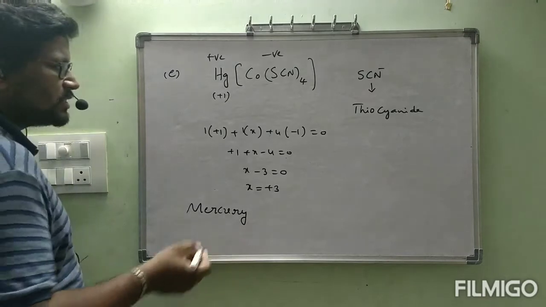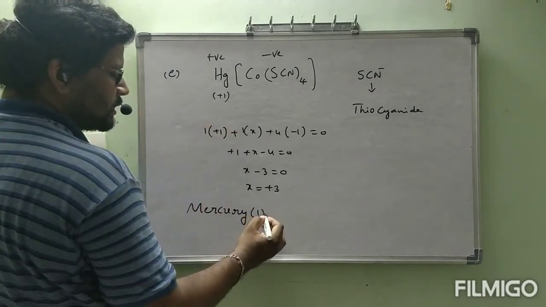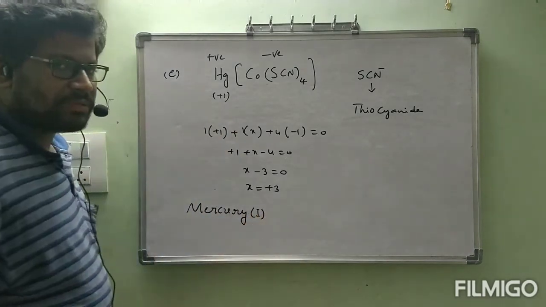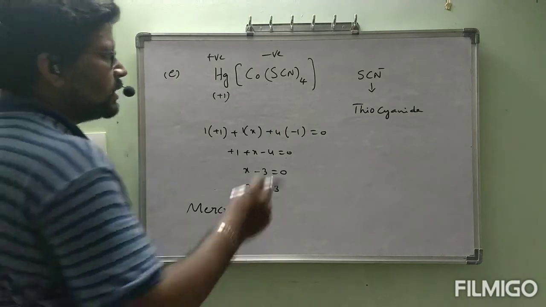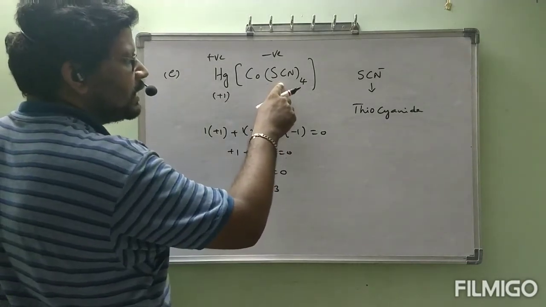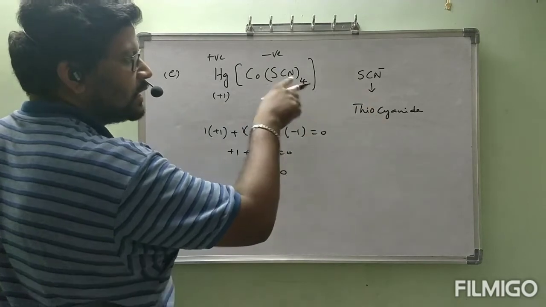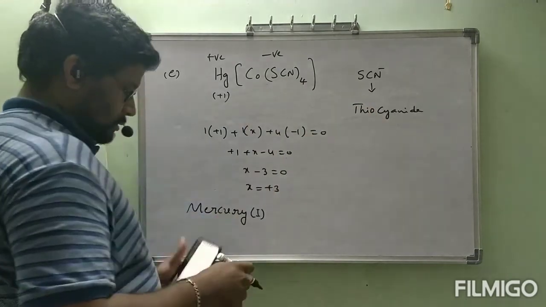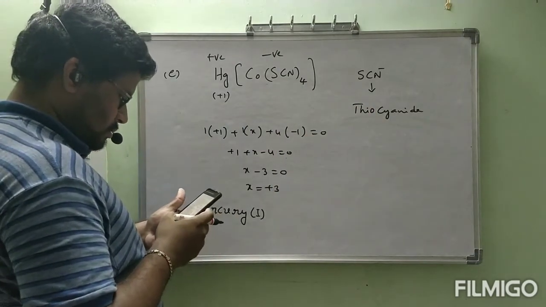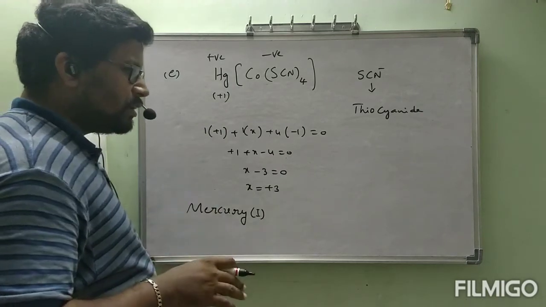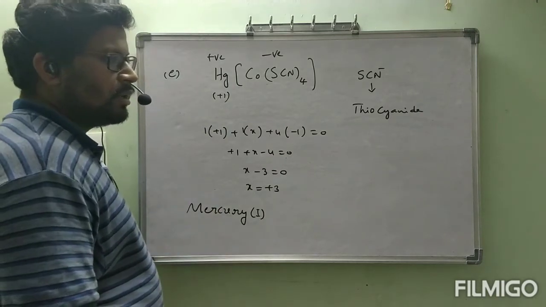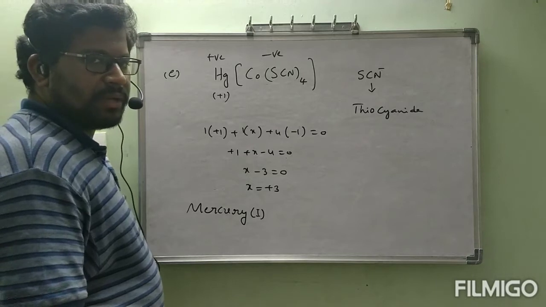Actually, in bracket they mentioned 1 also, but there is no need since it is a counter ion. But okay, no problem. This is the negative complex, tetrathiocyanato.